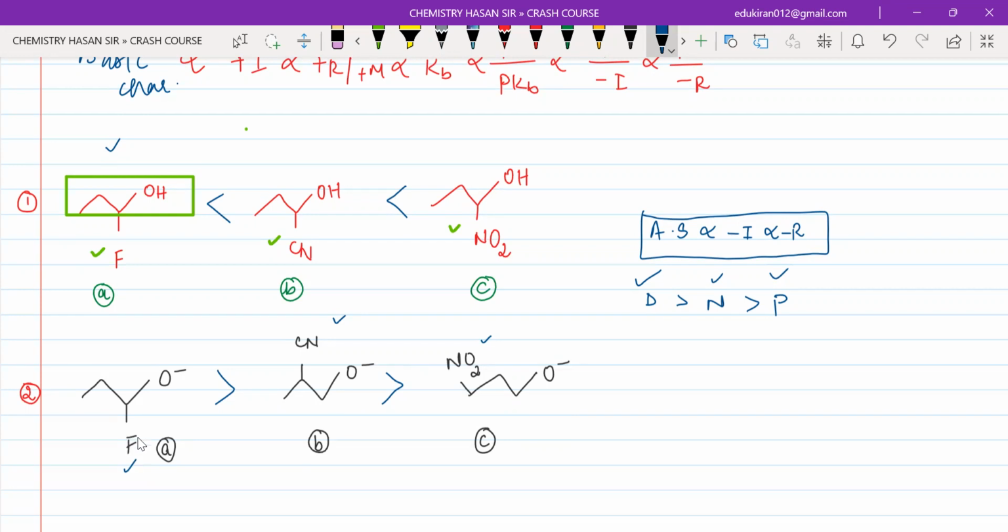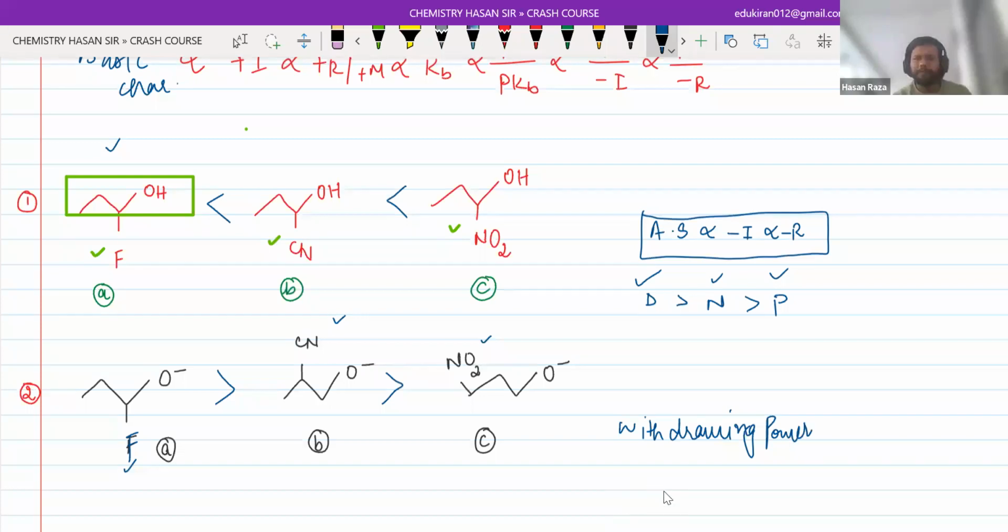Adriel, see. In this, if you look at the withdrawing power among fluorine, cyanide, and NO2, NO2 has the most withdrawing power, then CN, and then comes fluorine.